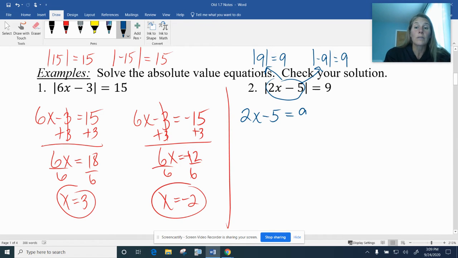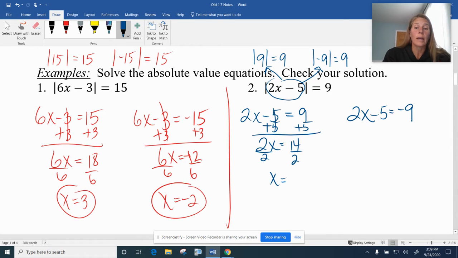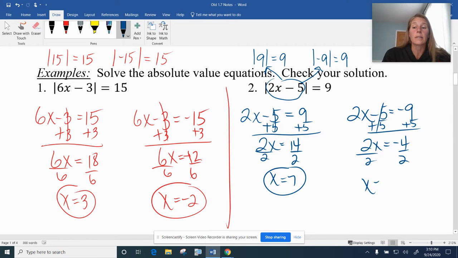So 2x minus 5 equals 9. 2x minus 5 equals negative 9, and then I'm going to use my solving skills. So 2x equals 14 divided by 2, x equals 7. Over here, 2x equals negative 4, and we divide there, and we get x equals negative 2.